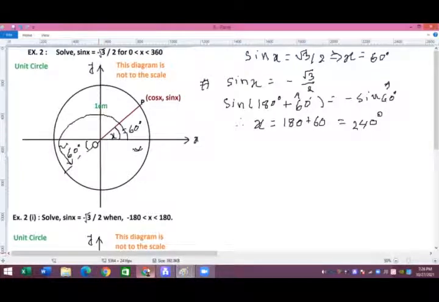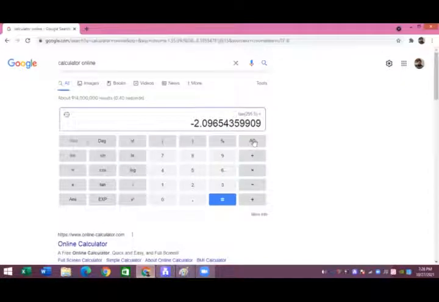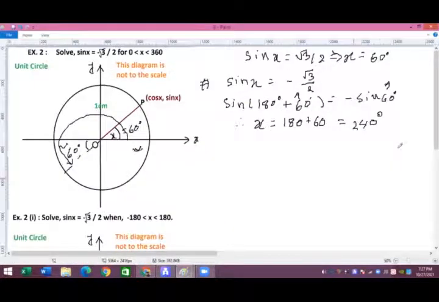If you like, you go to the calculator and check whether or not the sine value is negative. So this is sine of angle 240 degrees, yes, and it is minus 0.866025, that is equal to minus root 3 by 2. You can check in your calculator that this value is true.